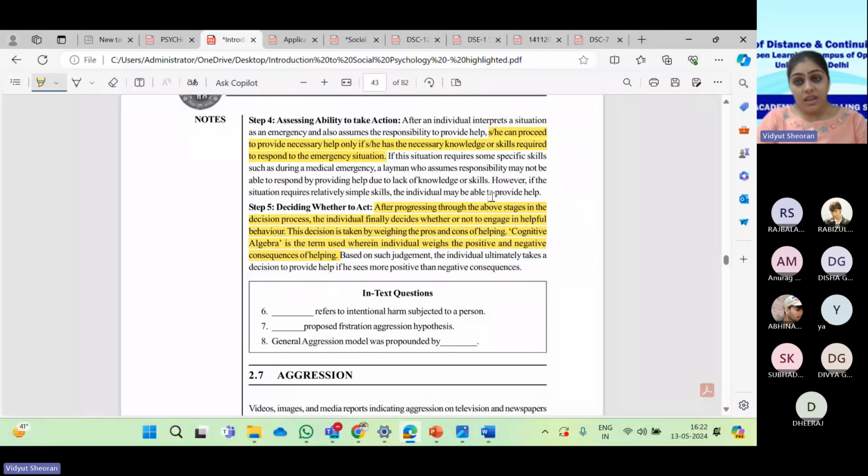So if you want to help, you must know how to help in that situation, be it an accident or any other emergency like a car that broke down, an accident or a fire. How will you help? What all skills do you have within you to help others? In an accident, do you know how to give first aid? In case of a fire emergency, do you know how to extinguish fire?